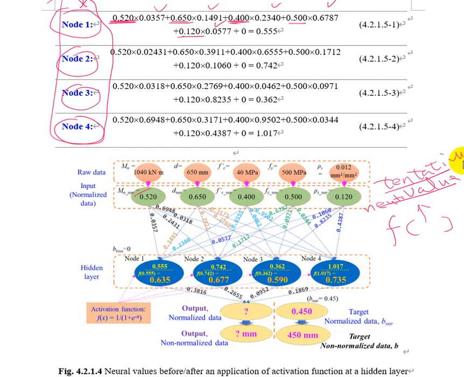You pass these tentative neuron values to the activation function, which is a sigmoid activation function. That means you put these numbers in here, and they get a new number, which is the final neural values.